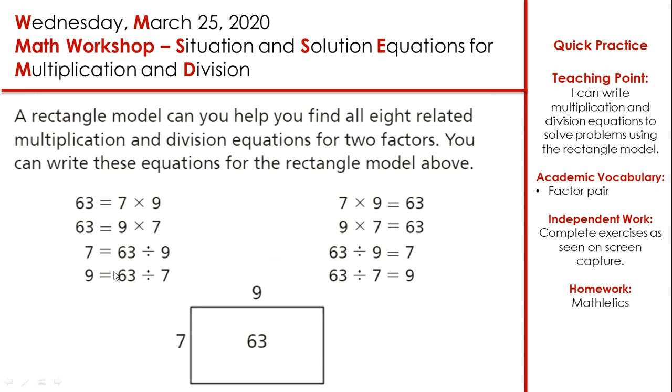If we try the other factor, we have 63 again, which is our product, being divided by 7, and then as a result we will get the remaining factor.